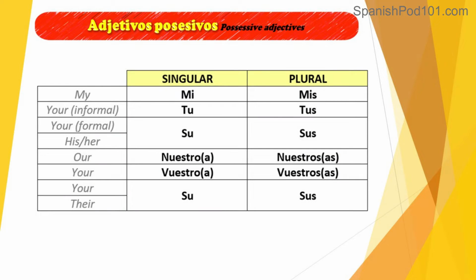To say my in Spanish, the singular is mi and the plural form is mis. To say your informal, remember we have two different yous in Spanish: an informal register with tú, and a formal register with usted that we use for formal situations.